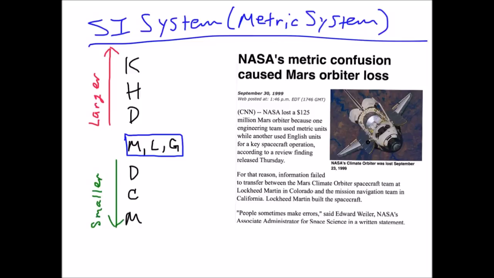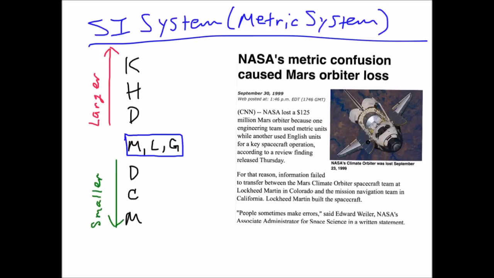A famous case, as you can see on your screen, where some scientists forgot to use the metric system was NASA's orbiter mission to Mars. That ended up costing them $125 million because one team of scientists used the metric system like they were supposed to, and another team used the English system.